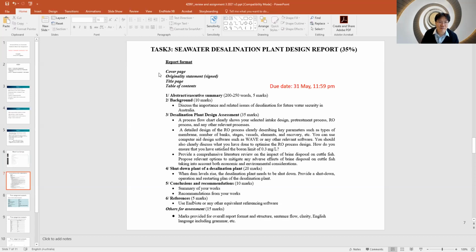And the format is very much similar to assignment 1 and 2. So you need a basic research format, and the abstract, 5 marks, background, 10 marks.